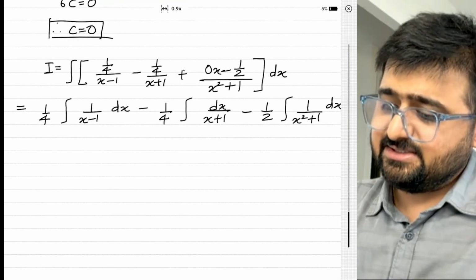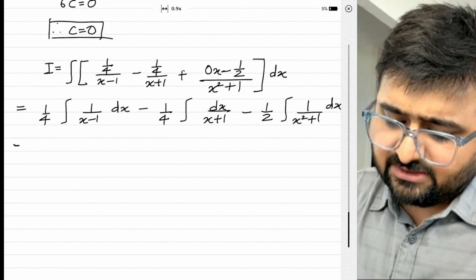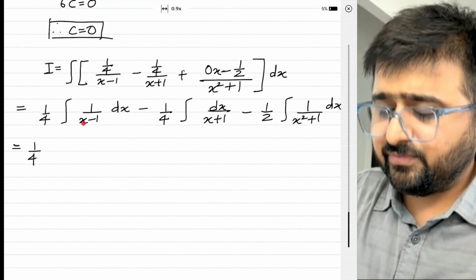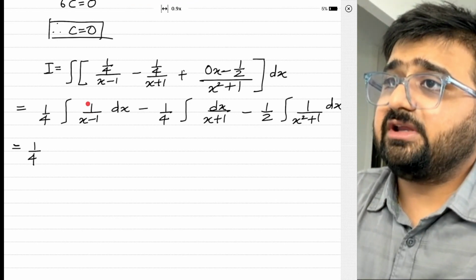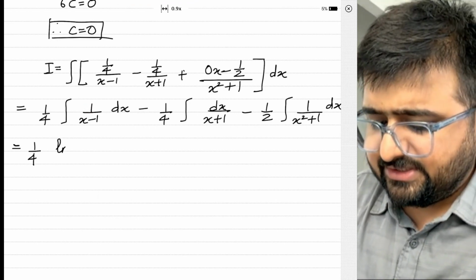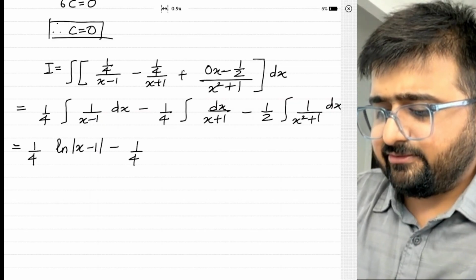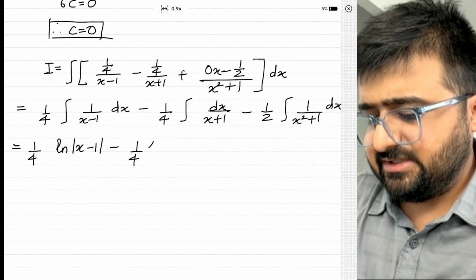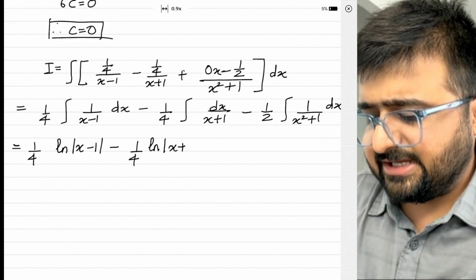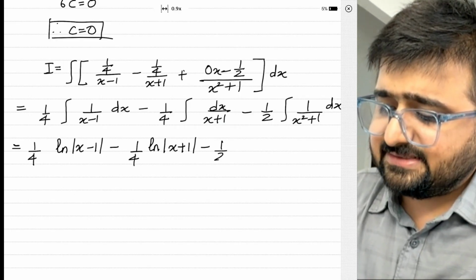Now you can easily find the values of those integrals. So you have 1 by 4. For the integral of 1 over x minus 1, we know it is ln mod x minus 1, minus 1 by 4. For 1 over x plus 1, the integral is ln mod x plus 1, minus half.